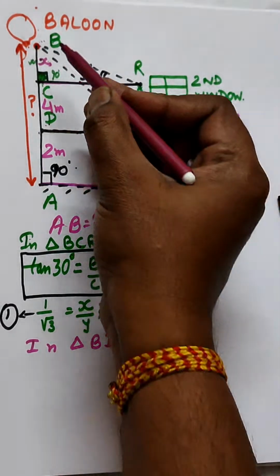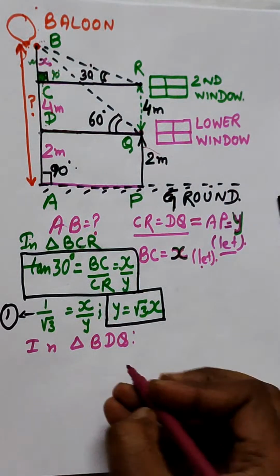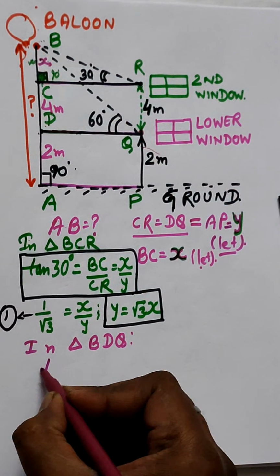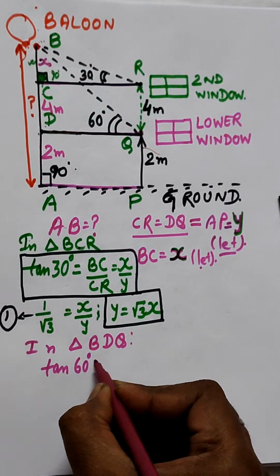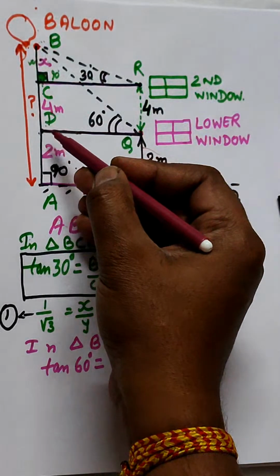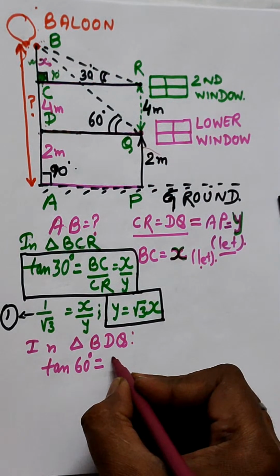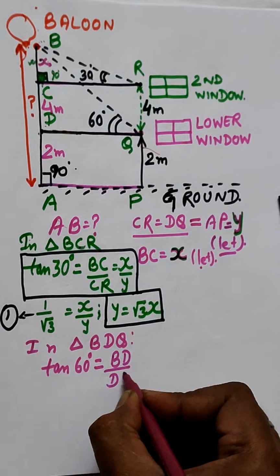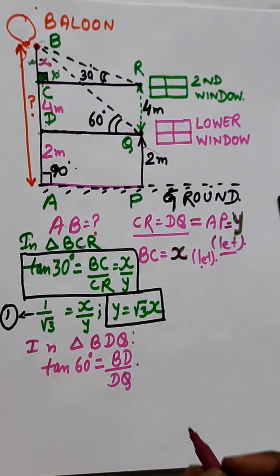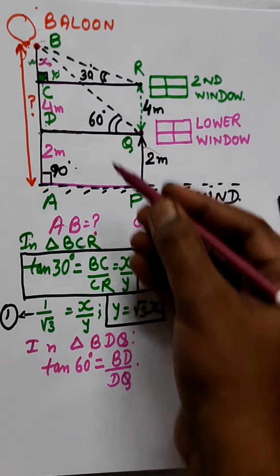So in triangle BDQ, the relation with tangent will be tan of 60 degrees equal to BD by DQ, isn't it? And what is the value of BD?